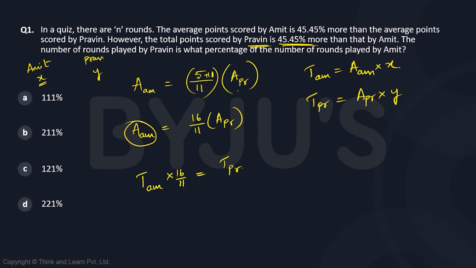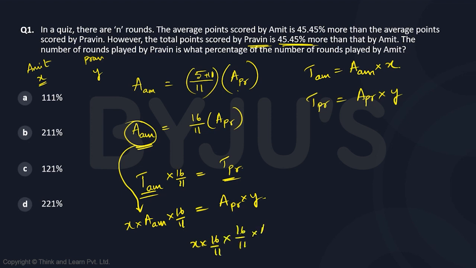So total of Amit is X into A Amit into 16 by 11, which should be equal to total of Praveen, but total of Praveen is A Praveen into Y. Now replace A Amit with average of Praveen, so we have X into 16 by 11 into 16 by 11 into A Praveen, should be equal to A Praveen into Y. Praveen and Praveen get cancelled.